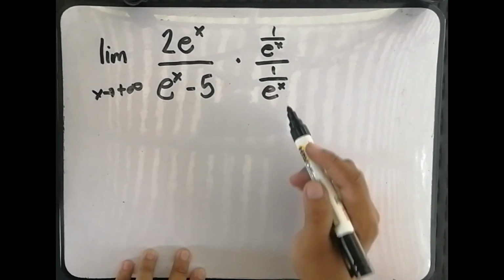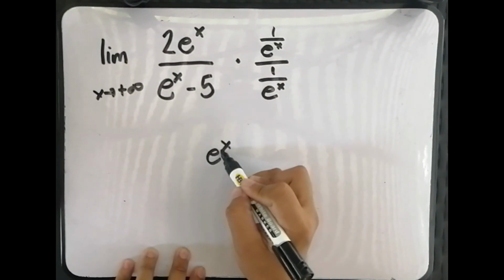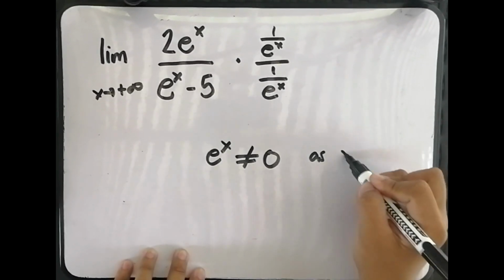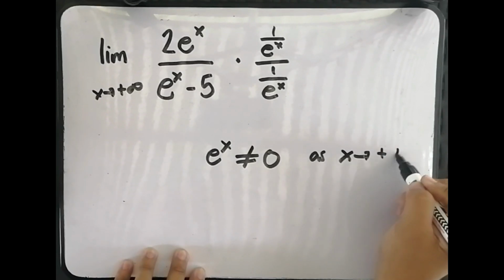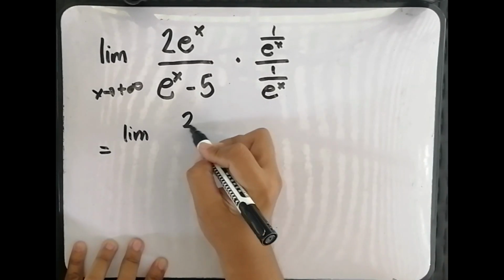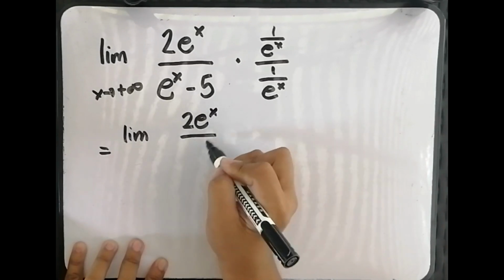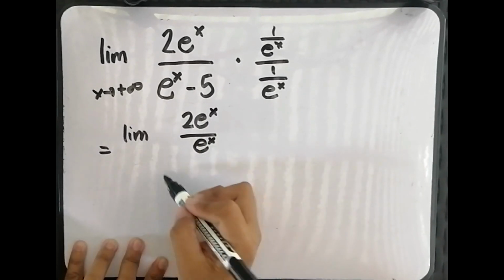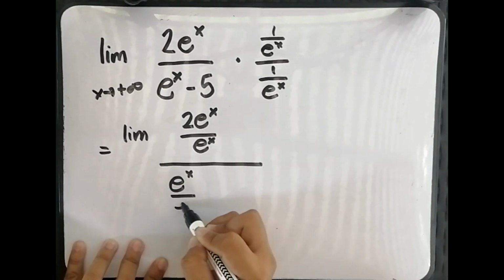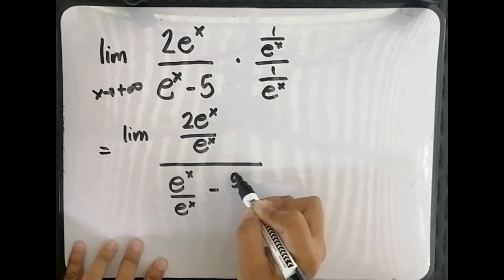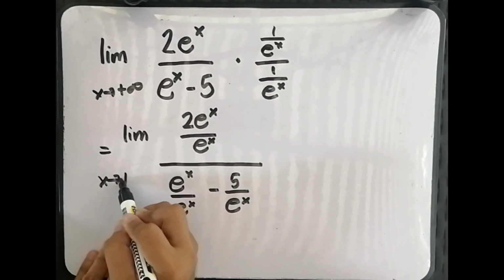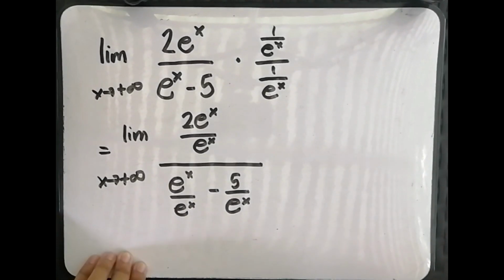Yes. Why? Because we know that e raised to x is not equal to 0 as x approaches positive infinity. So we now have the limit of 2 times e raised to x over e raised to x divided by e raised to x over e raised to x minus 5 over e raised to x as x approaches positive infinity.